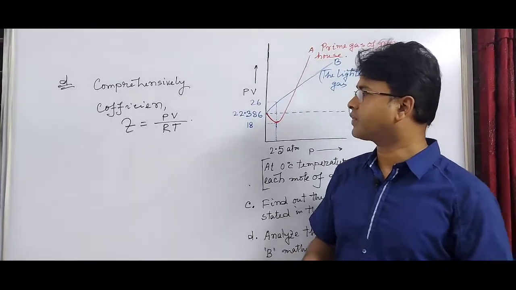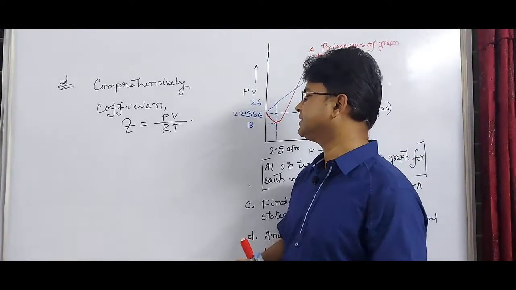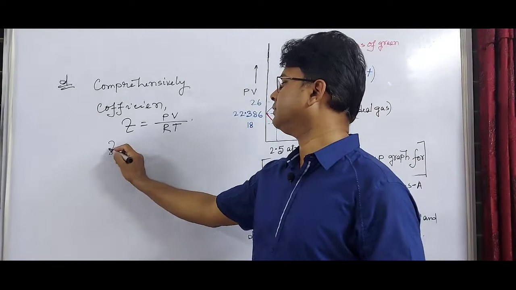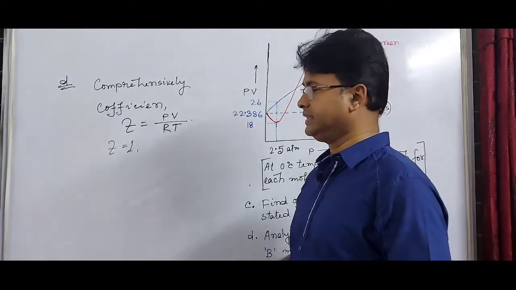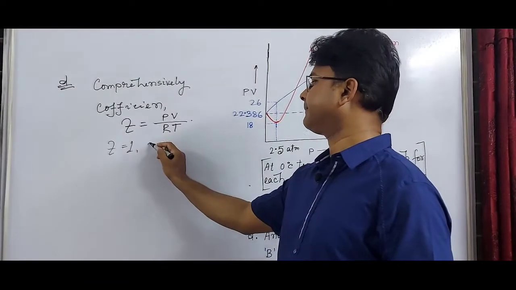If the value of the compressibility coefficient Z is equal to 1, then you have to understand that the gas is an ideal gas.